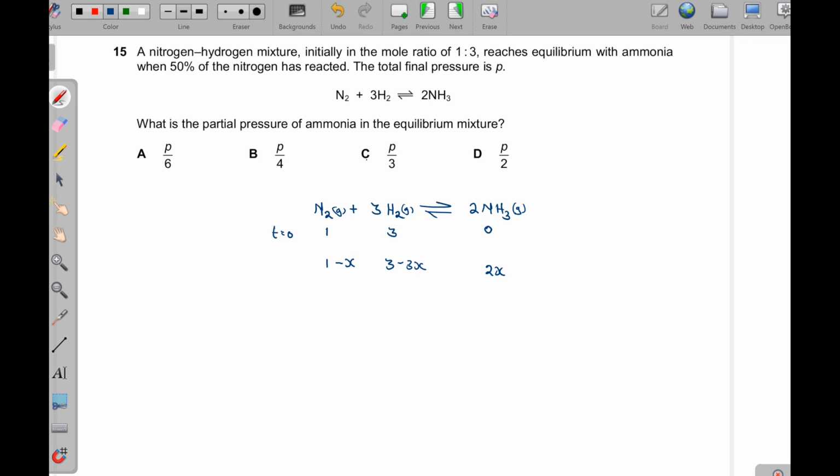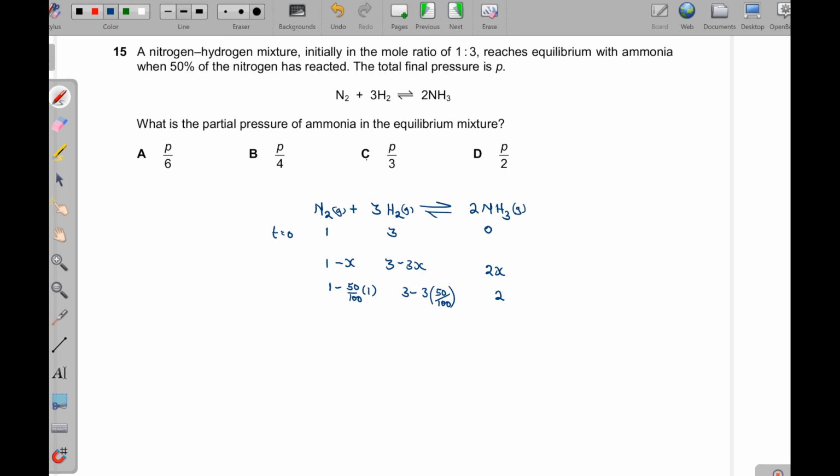But they said that when 50% of the nitrogen has reacted, so here we shall have 1 minus 50% of nitrogen. So you have the 50% of this one that you're having here. You see? Then here we shall have 3 minus, then 3 times the 50%. You see that? Just like here we have the X and then the 3X.